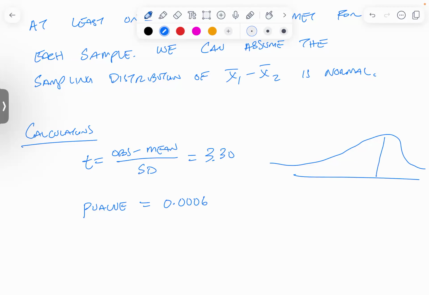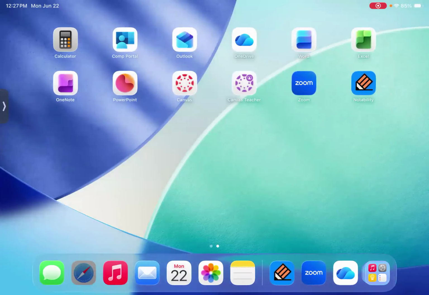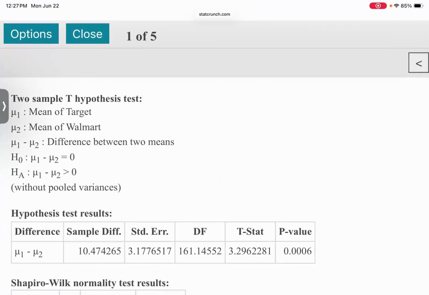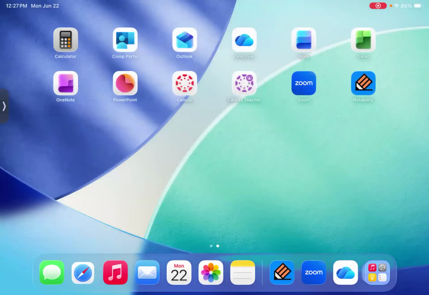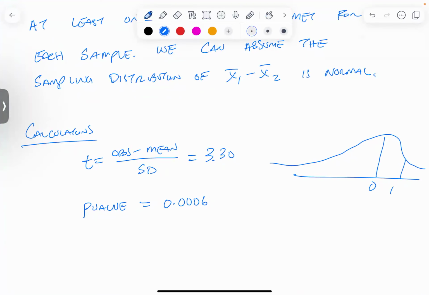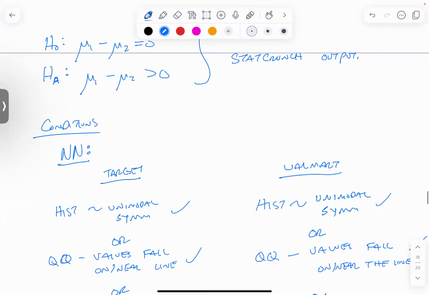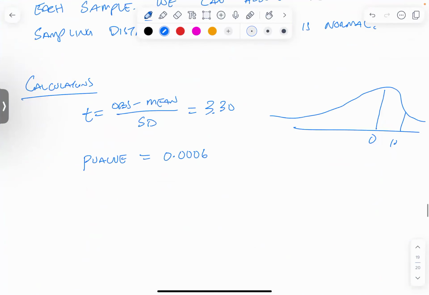The mean in this case is 0. The difference actually recorded is 10. And it is a greater than alternative hypothesis, which means we are shading to the right.